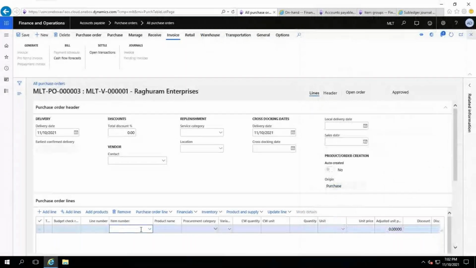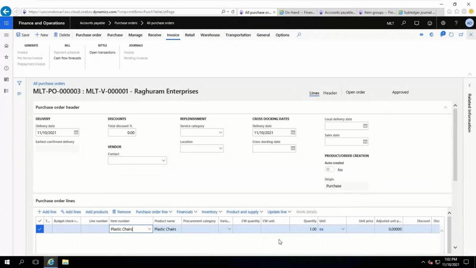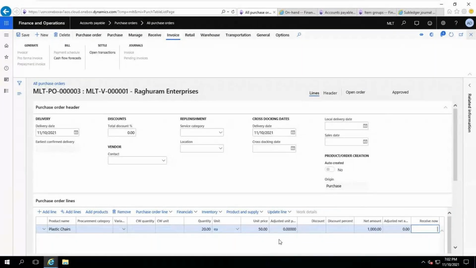Select the item, plastic chairs. Suppose now you are purchasing 20 quantity at the rate of $50. Now I am doing confirmation.